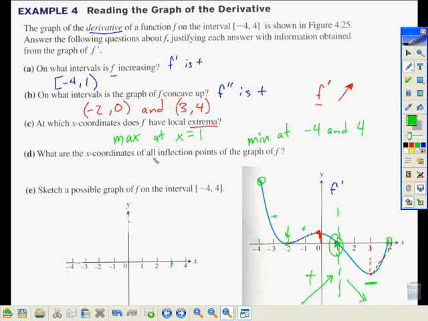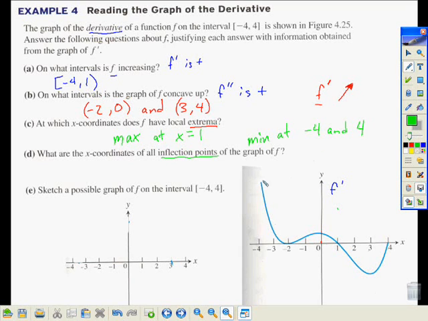Okay, then we want to look for the inflection points. Remember, the inflection points were where we have a change where f double prime is equal to 0. So if f double prime is equal to 0, we need to think about this graph here when its derivative is going to change.